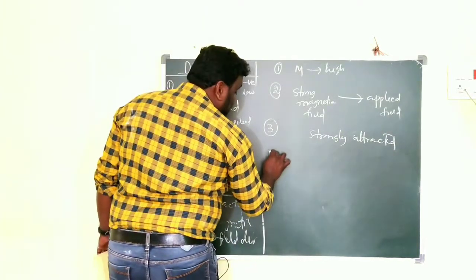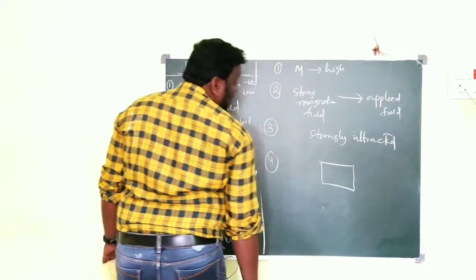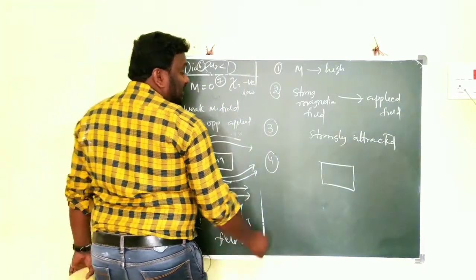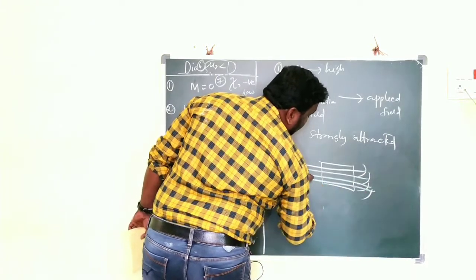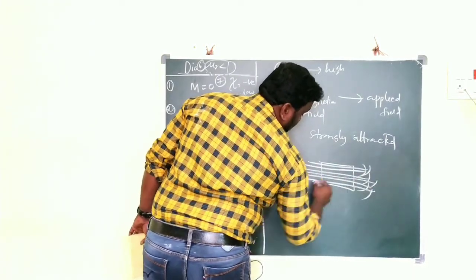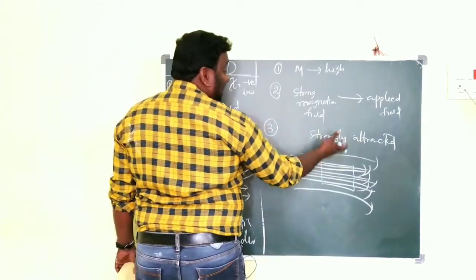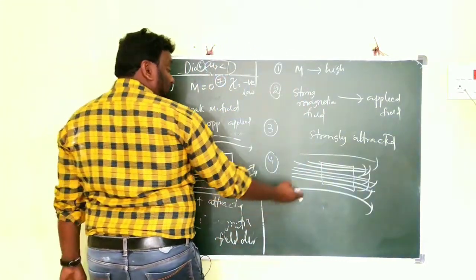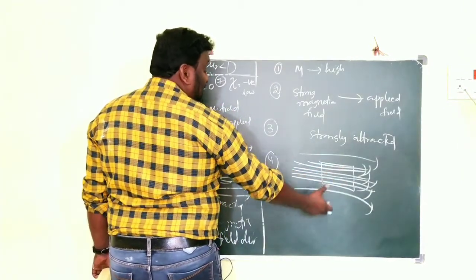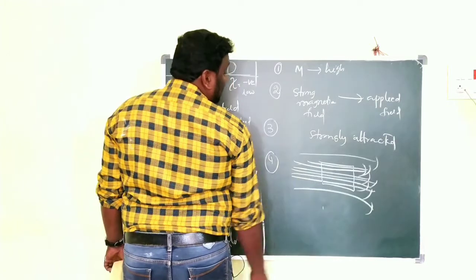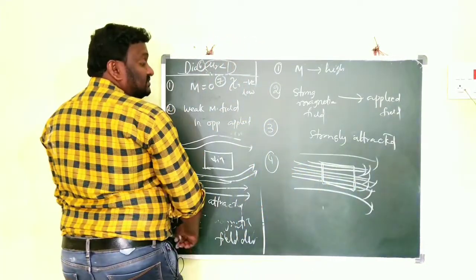And the fourth one, children, if you keep a ferromagnetic substance in a magnetic field, then the maximum number of lines pass through the substance. Clear? That's why these are strongly attracted by the magnet. Clear? When a ferromagnetic substance is placed in an external magnetic field, the maximum number of lines pass through the substance.